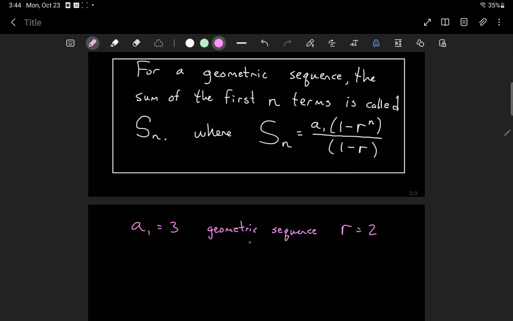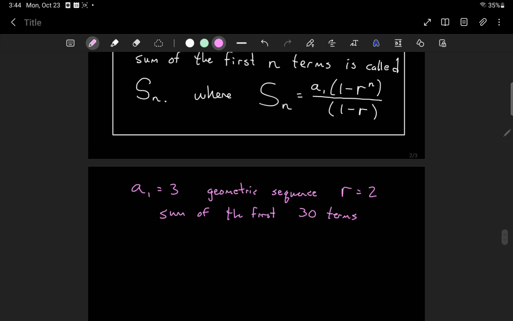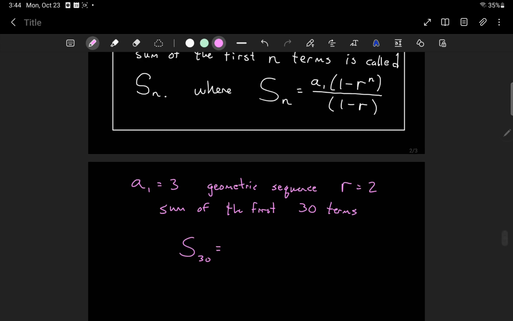So if that's all the information I give you, and I ask for the sum of the first 30 terms, then you will have all the information you need to fill in this equation, right?